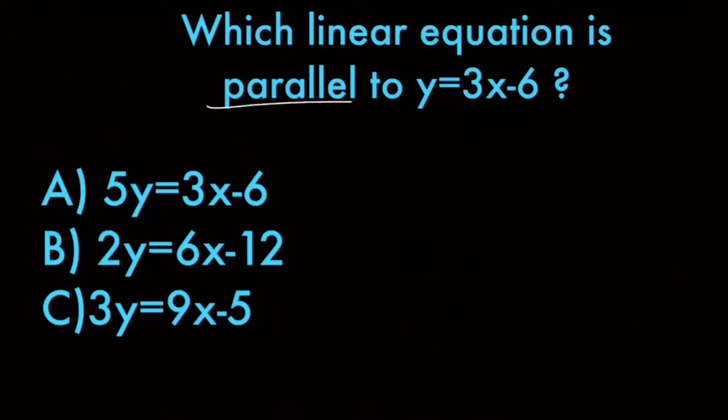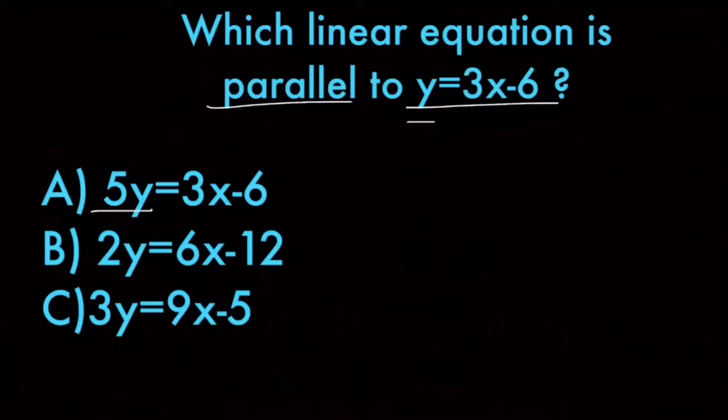So the equation that they give us is here, and we'll first check the first one, 5y equals 3x minus 6. So someone might say, okay, 3x, same slope, it's parallel. But we need to make sure if the y-intercept is the same. So someone's like, oh no, -6, -6, they're the same line. That's not exactly true either, because here we have 5y, and here we have just y. So we need to have it in the same form to be able to evaluate whether or not it's parallel or the same.